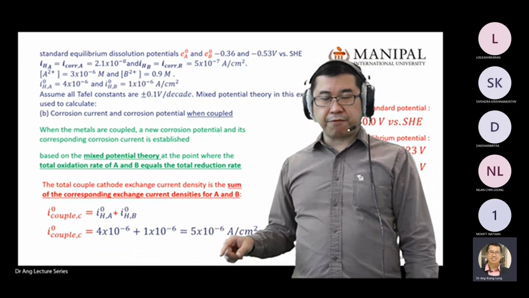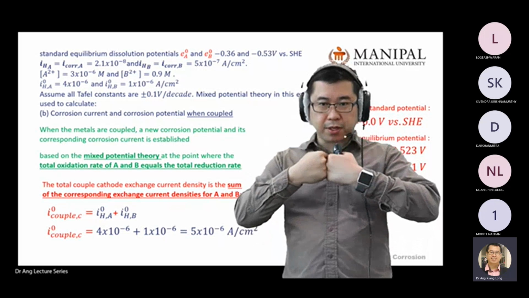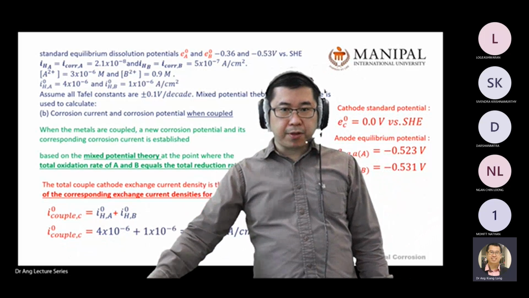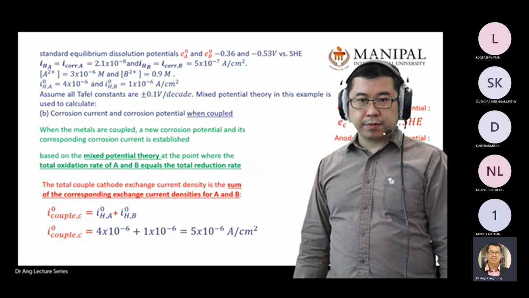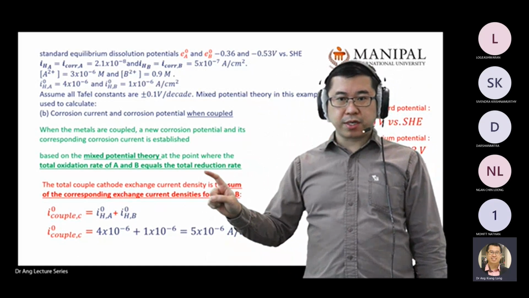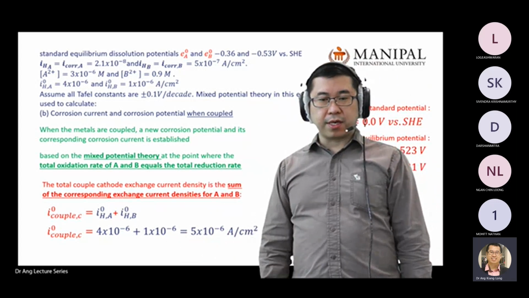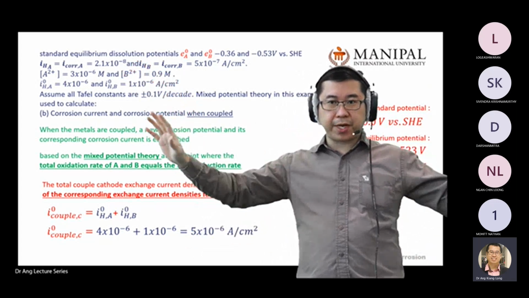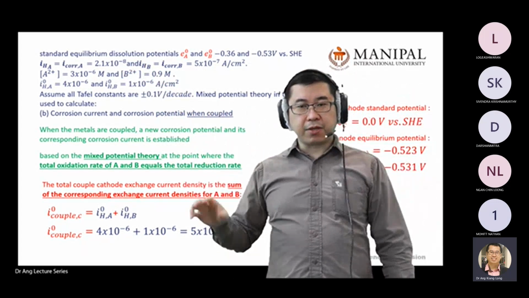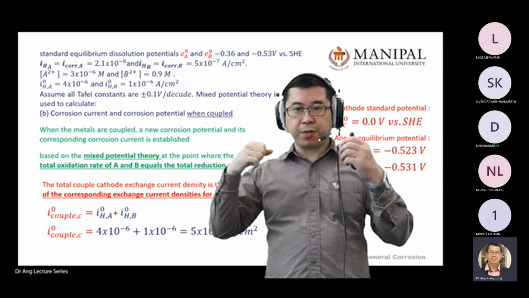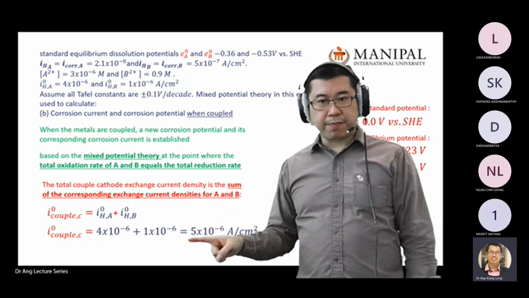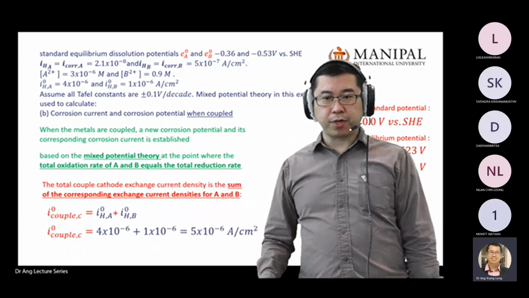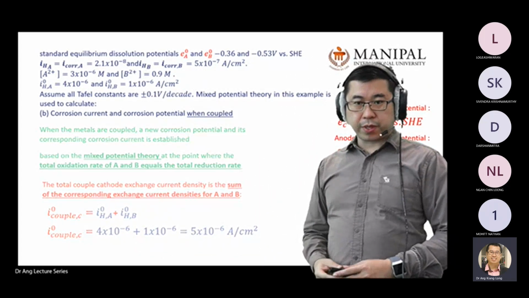You get the first setting for the coupled scenario, where you calculate the I coupled, the exchange current density. The information given in the question is actually separate for A and B, but you need to be smart enough to combine the information when they are coupled. So when they are coupled, you use I0 no more individually, but you combine them together. So we have got one value.